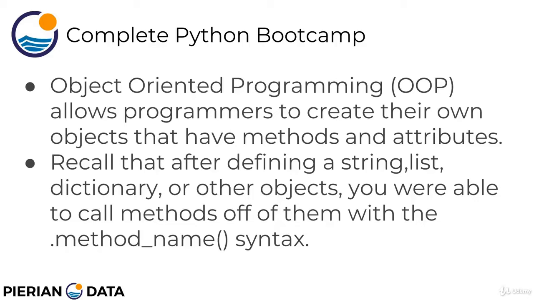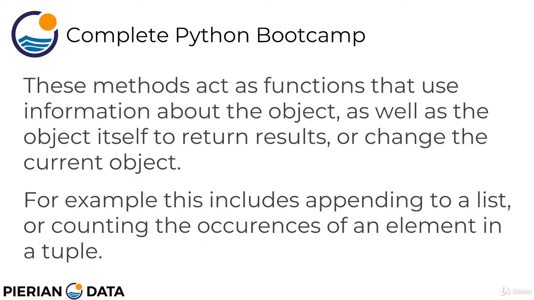So recall that after we defined things such as a string, list, dictionary, or other built-in Python objects, we were able to call methods off of them with the .method name syntax, such as when we were able to call the append method off of a list object, or the index method off of a tuple.